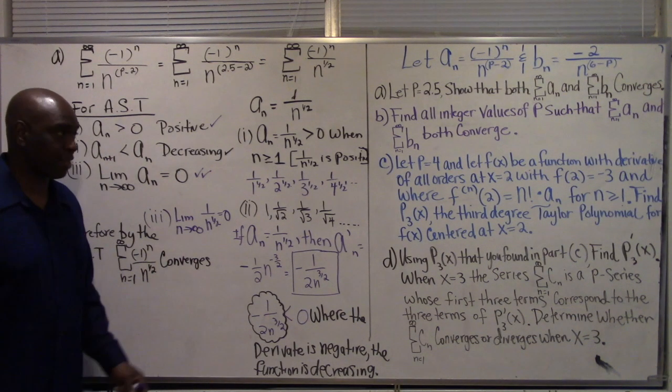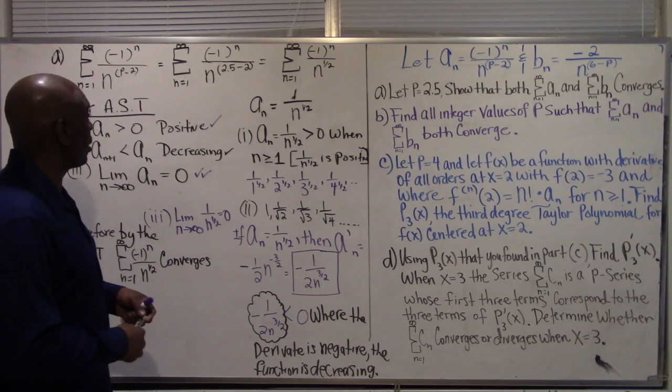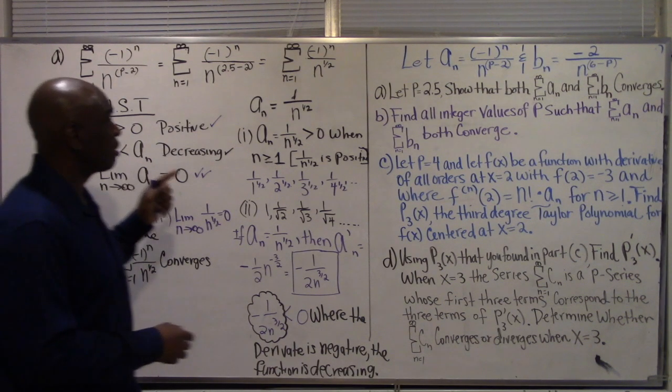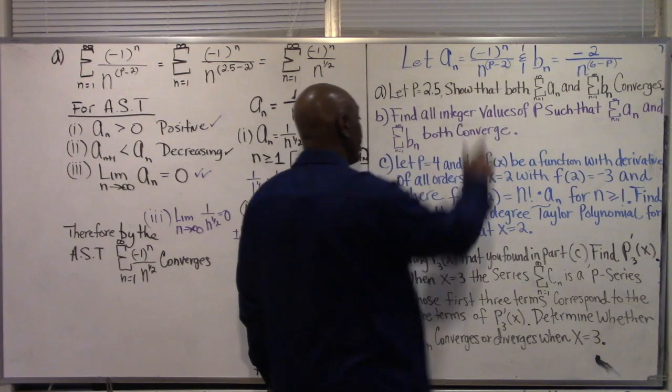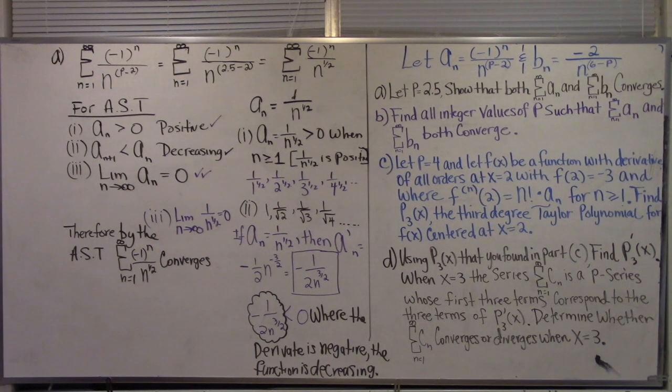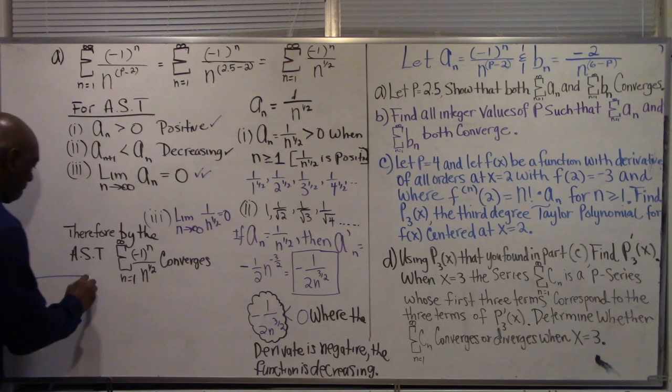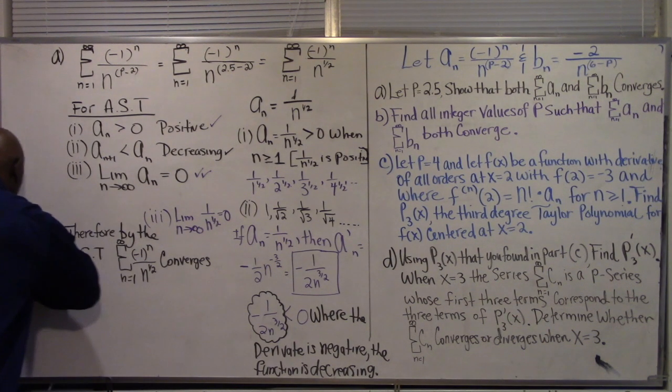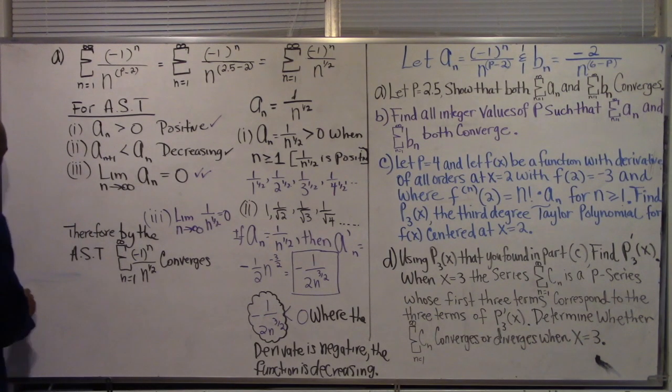All right, and that takes care of that. So we know that this series here is convergent. All right, now let's chart out some space for our other series. Oh, wait a minute. How about our other series? Here we go.